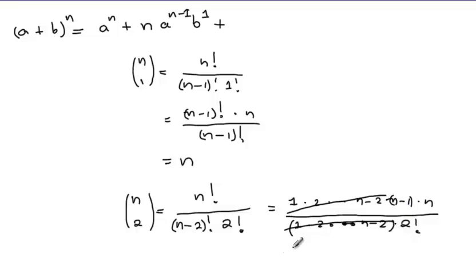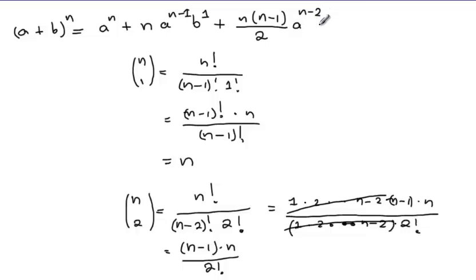Then what's going to remain there is n minus 1, brackets times n over 2 factorial, which means here the coefficient is going to be n, brackets n minus 1 over 2 factorial. The powers are going to be a to the power n minus 2, b power 2. This is 2 factorial.